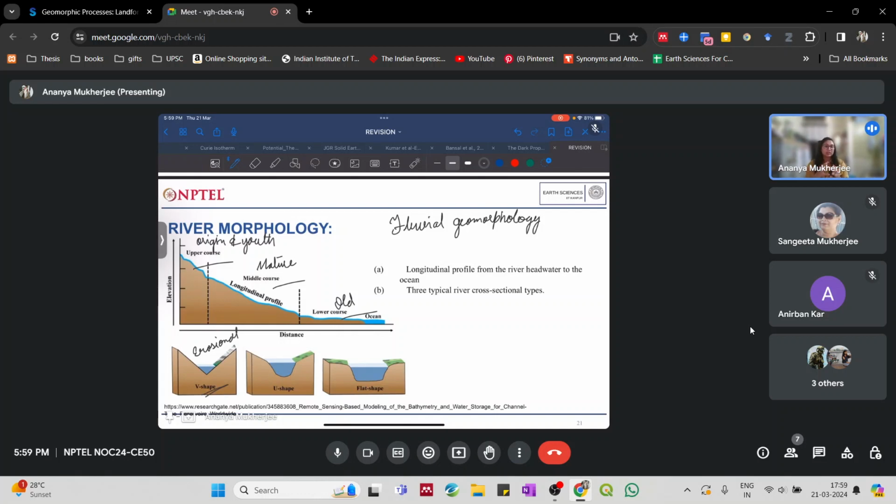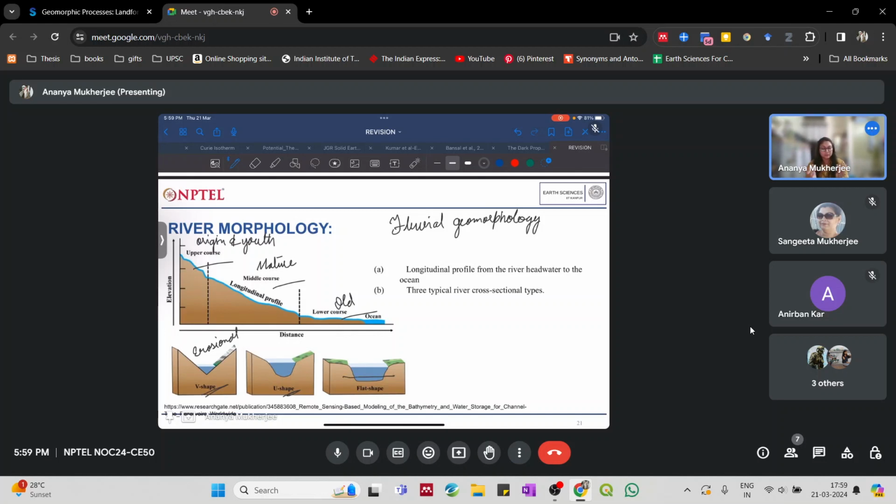The velocity, the rate of flow of water, also decreases a little, and what you get are U-shaped valleys, and the width of the river channels increases in the middle course of the river. When it reaches the lower course or the older stages, you will see much wider river channels.